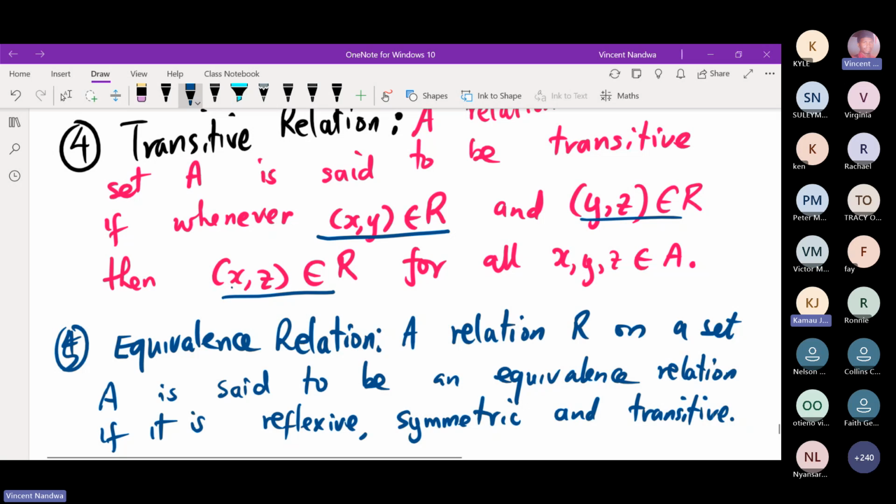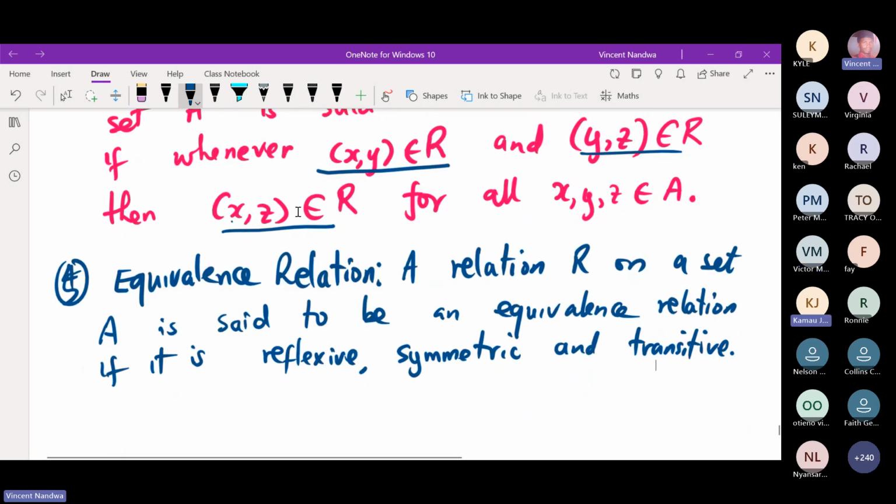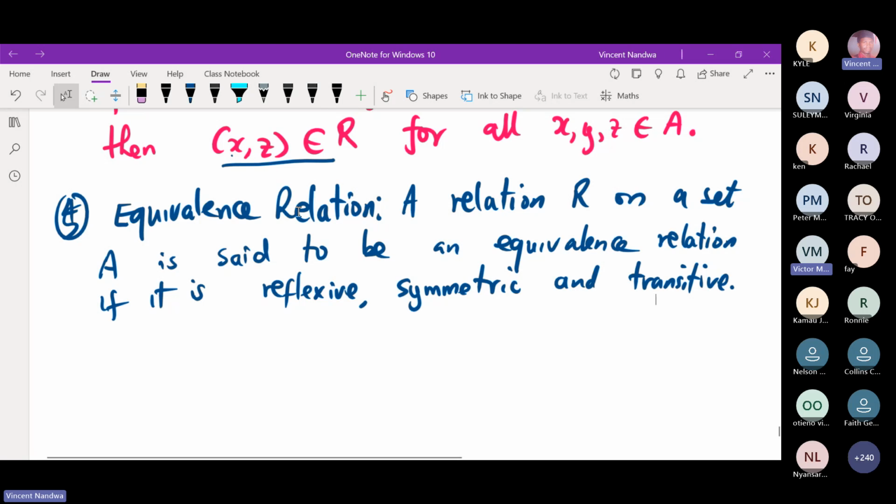The equivalence relation should actually satisfy 3 conditions. First condition is reflexive, second condition is symmetric, and third condition is transitive.